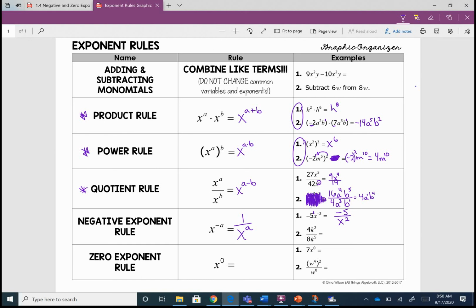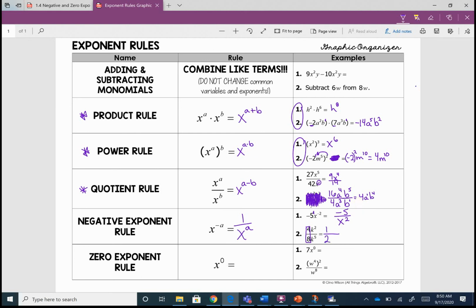Now with number 2, we need to do a little simplifying first with our exponent rule. With the 4 and the 8, those aren't exponents. So I'm going to do what that fraction bar tells me to do. It says to divide. 4 divided by 8 simplifies to 1/2.